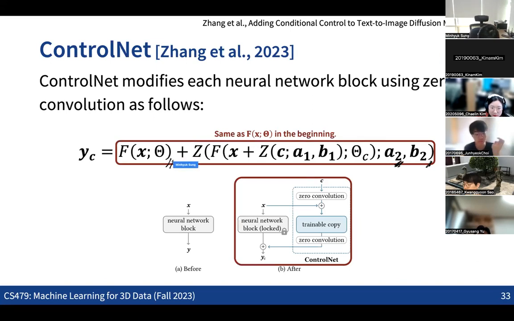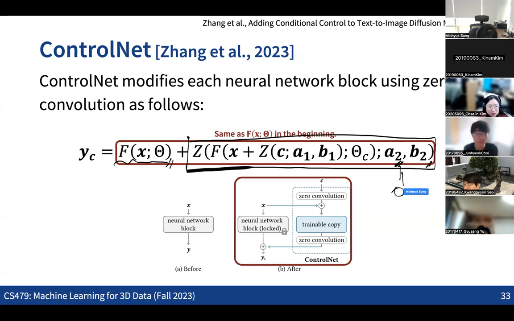So this is the original residual block of the noise prediction network, and we add this to it. Since at the very beginning of the fine tuning step this will be zero, the output of the whole block will be exactly the same as the original architecture, right?